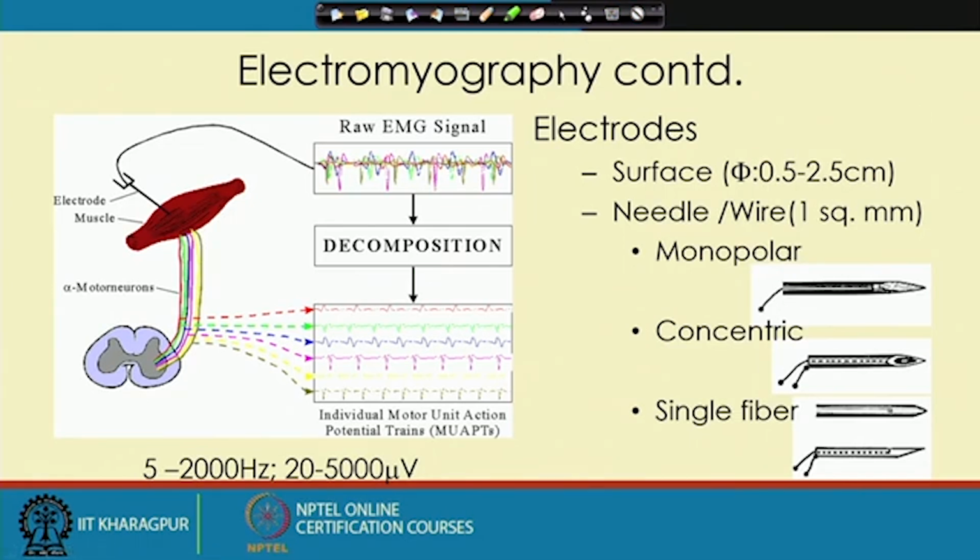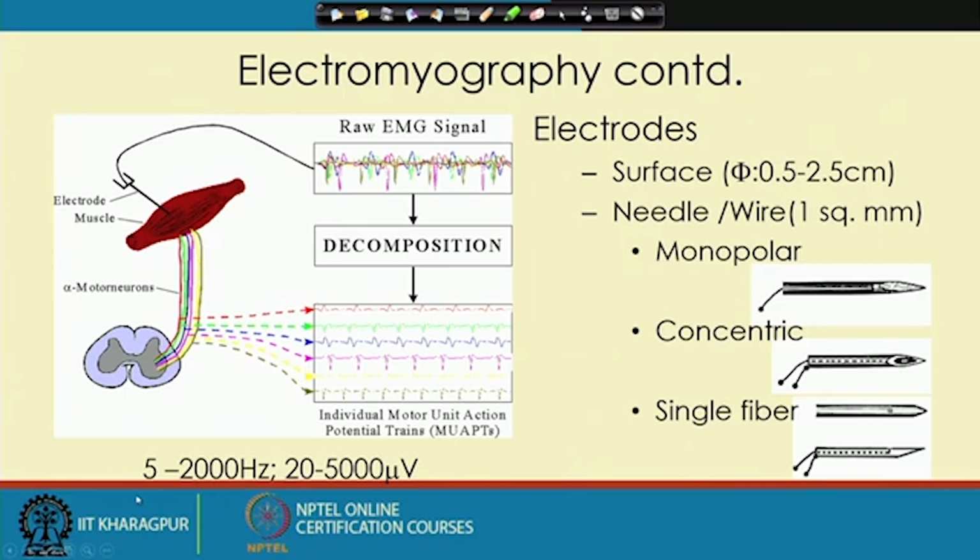And here in case of EMG, another thing we should look at is that the signal strength is again small, in the microvolt range as we show here, but the frequency is much higher. For both ECG and EEG, the frequency range was below 100 hertz.